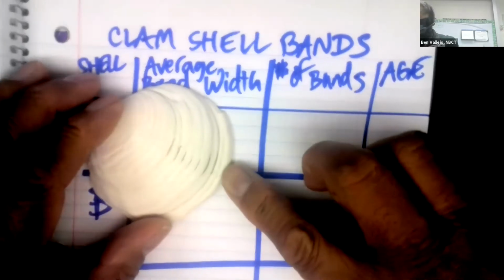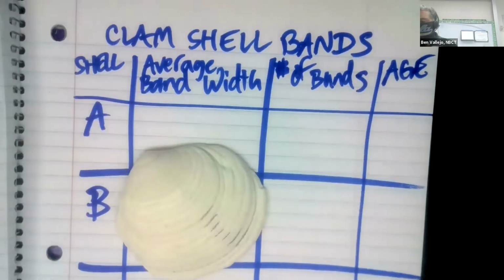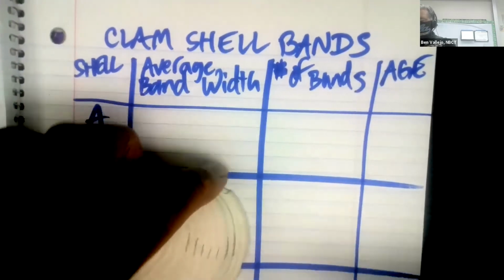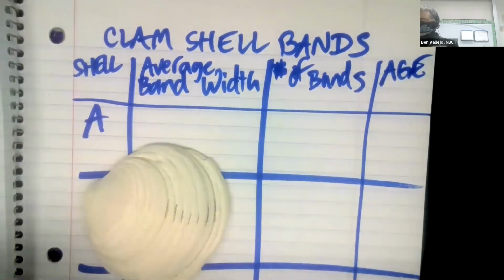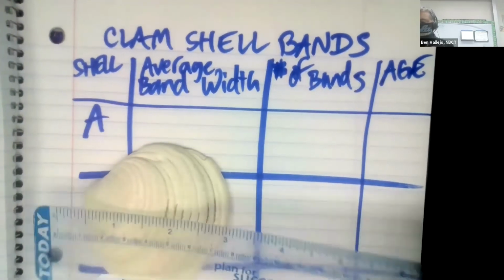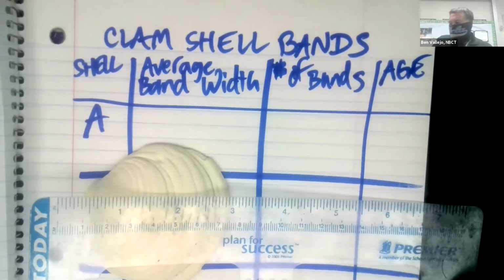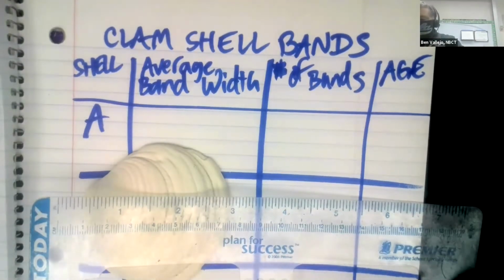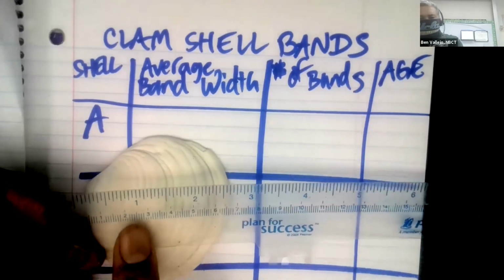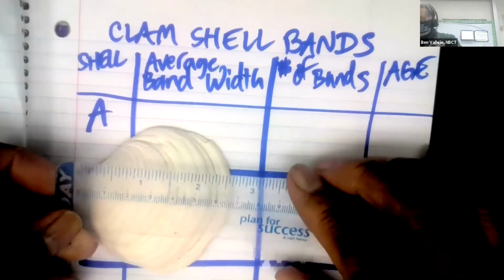Let's take a look at this one. What I want to do is measure the width. So I'm going to measure the width of these bands with my ruler. I've got a ruler here that has inches on it, so I'm going to get a different ruler that more easily has the millimeters on it, because you can see they're right there, but it's kind of hard to see for me.